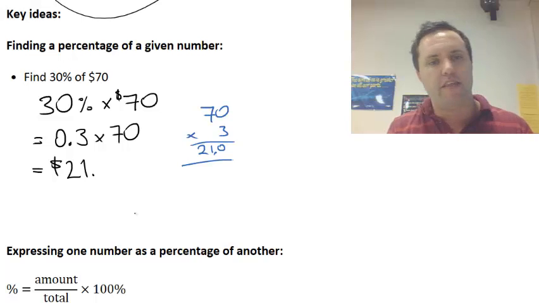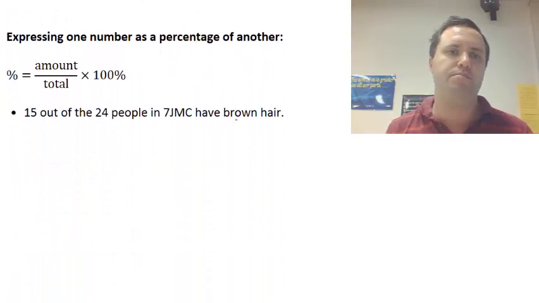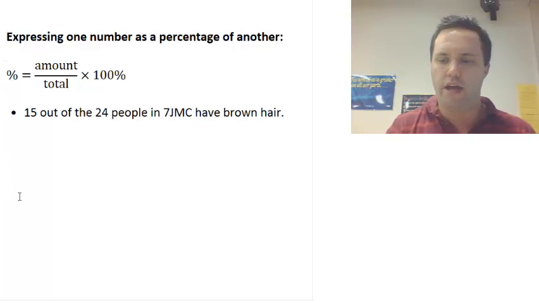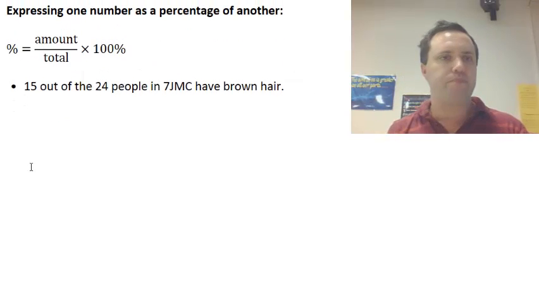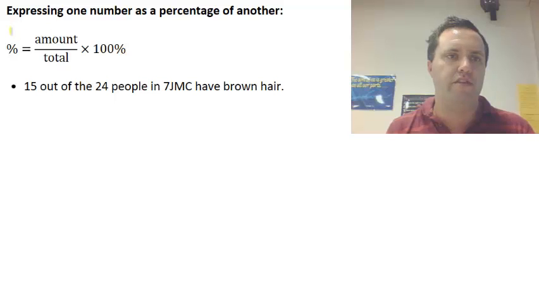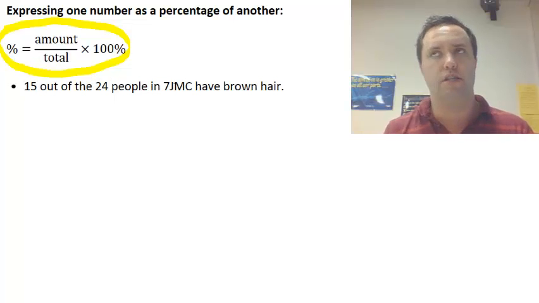The other one you want to be able to do is express one number as a percentage of some other number. Here's a little formula to remember: a percentage is equal to the amount you have, divided by the total, times 100%. Let's see how that works. There are 15 out of the 24 people, including me, in 7JMC who have brown hair.